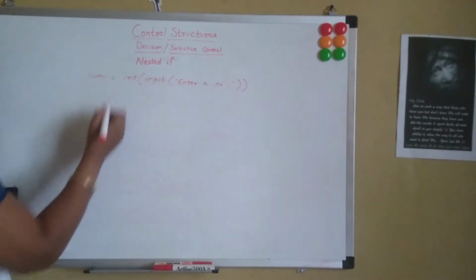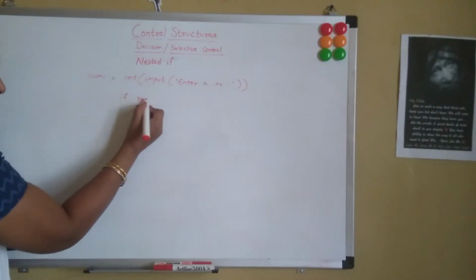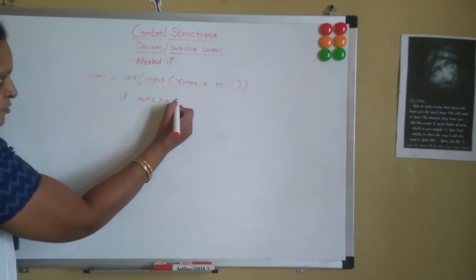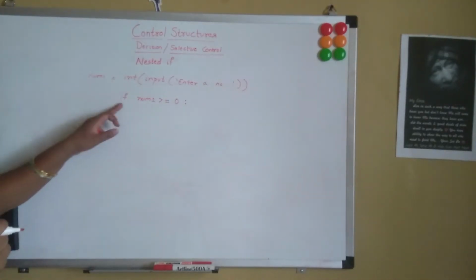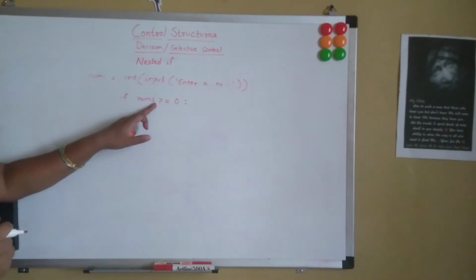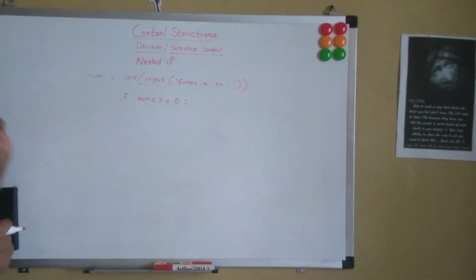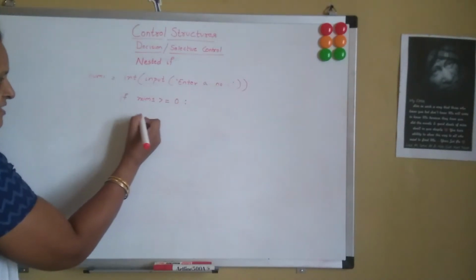Now we'll check for the nested if condition. If num1 greater than or equal to 0. So this is the condition. If is the keyword, condition is num1 greater than or equal to 0, and then we have to add a colon. Once we add a colon, the lines get indented.